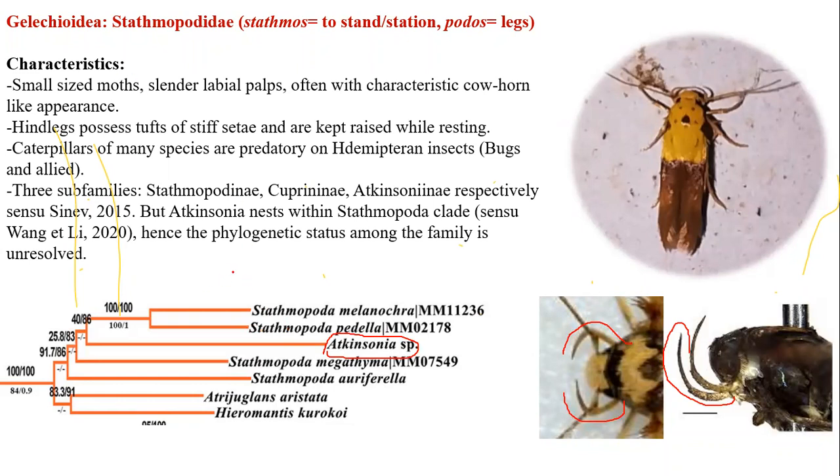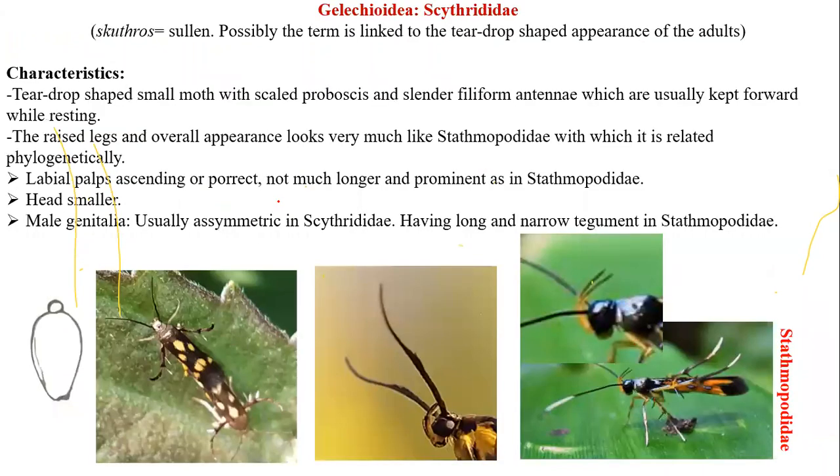So this means that this family is monophyletic, there's no doubt. However, the relationship between the subfamilies is confusing. So this is why the three subfamilies I have already mentioned are problematic and still unresolved. Now next family, family Schistonoeidae.